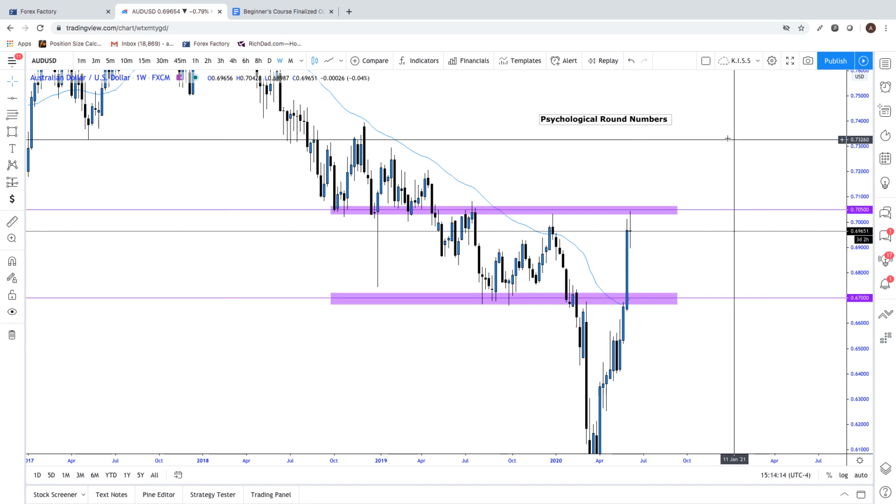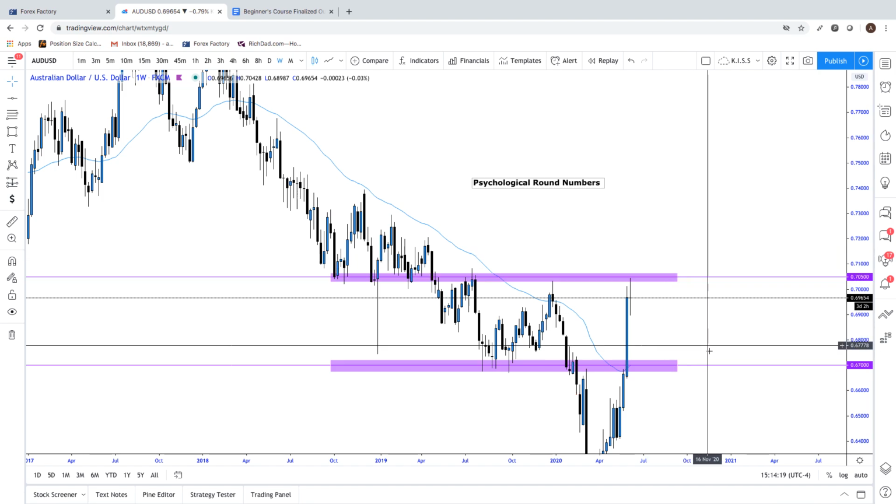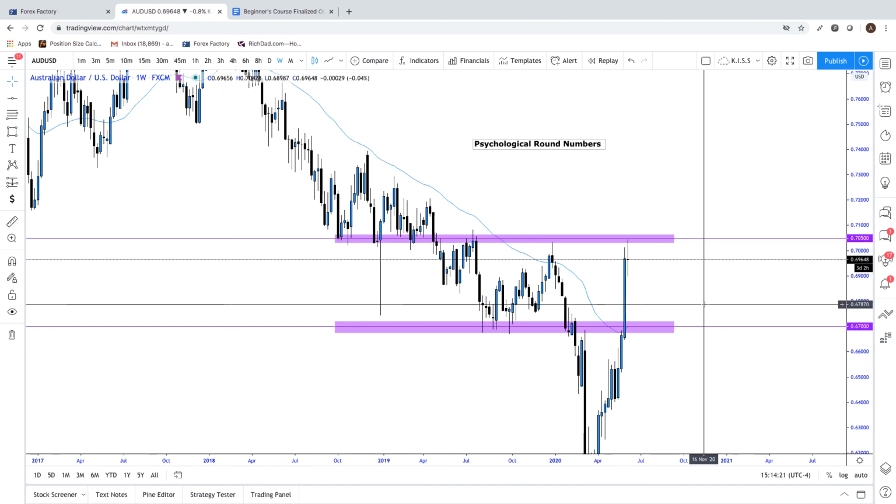Okay? So just a general overview and understanding of support and resistance, supply and demand within the market, and how we can use it on a higher time frame to understand the psychological round numbers that have acted as a barrier or support or resistance, a floor or a ceiling for price significantly in the past.